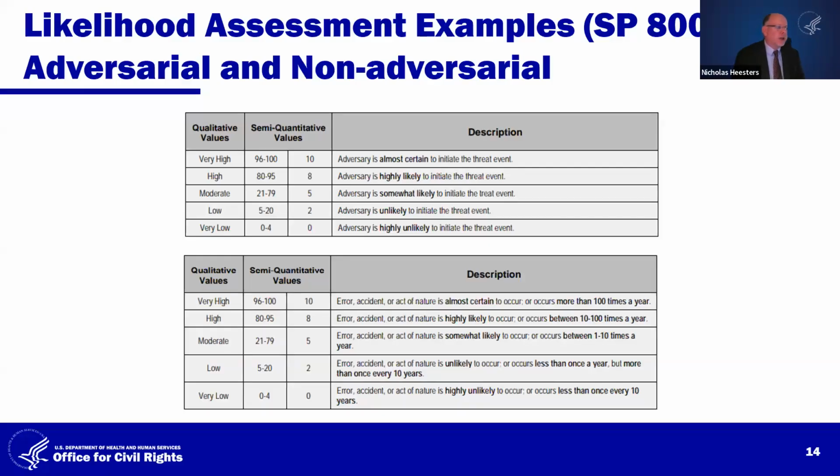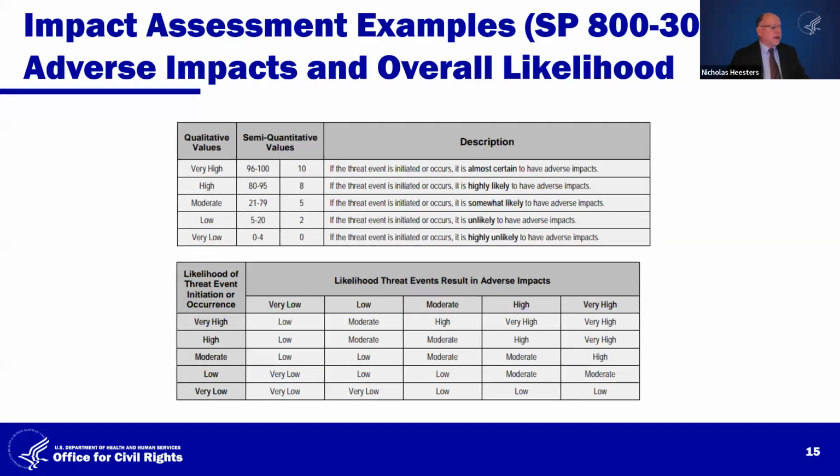Whether we're using qualitative values or semi-qualitative values, whatever is most appropriate to the organization in their determination of likelihood is going to be fine. Then we want to look at what the impact of the assessment is going to look like, what the adverse impacts will look like, and the overall likelihood.